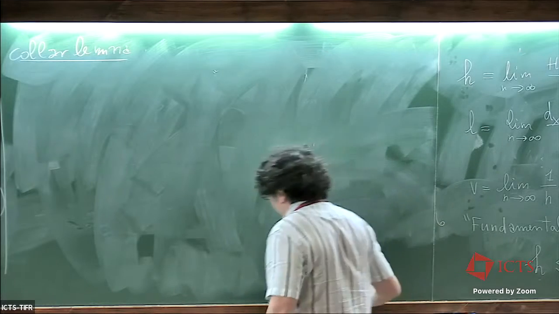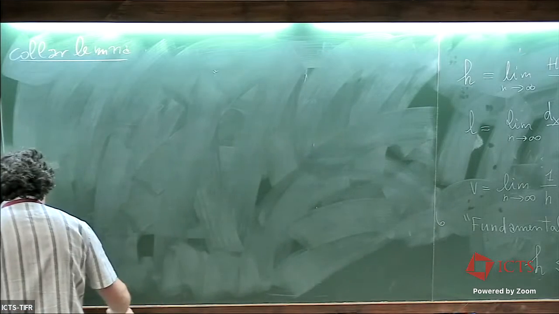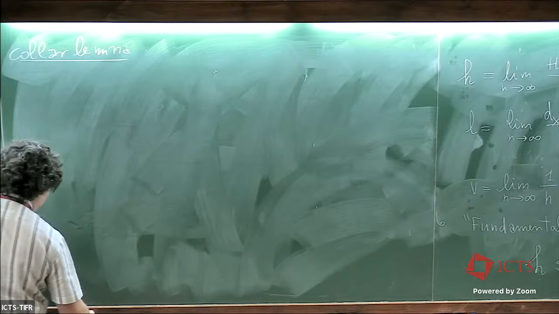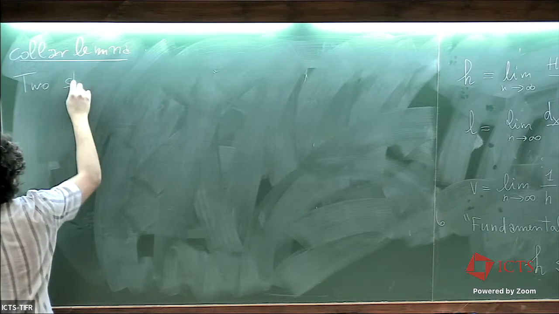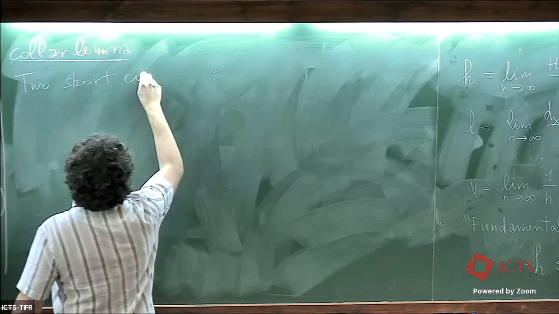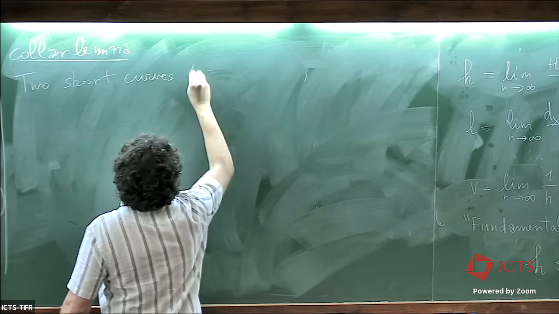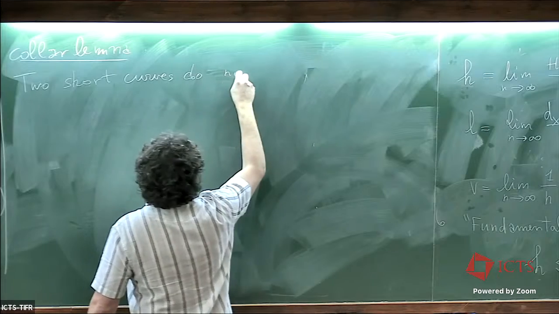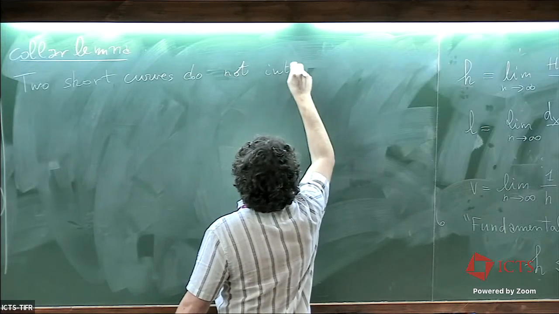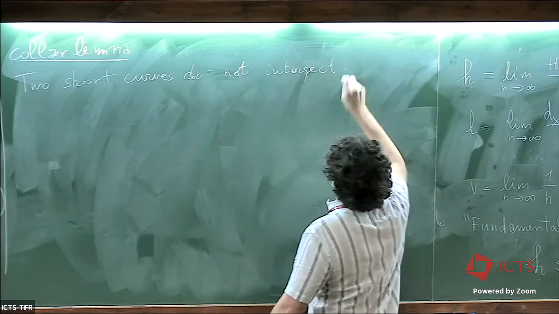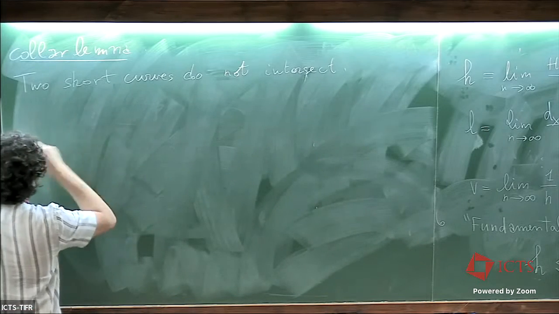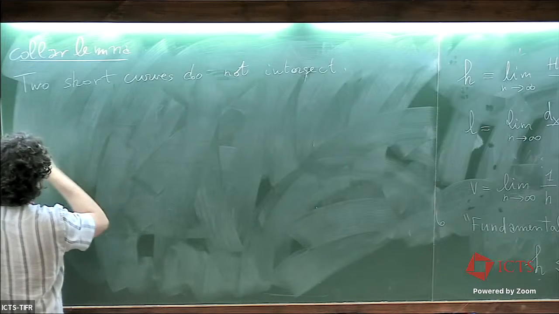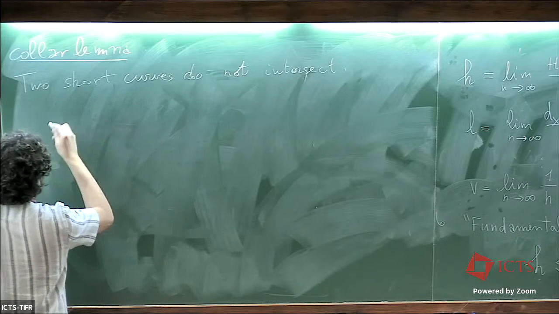So what does the collar lemma say? Well, it says that if you have, in a hyperbolic surface, two short curves, they do not intersect transversely. And this is true, and these curves are intersecting by design, right?